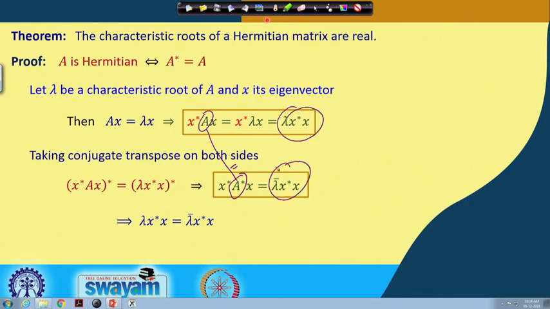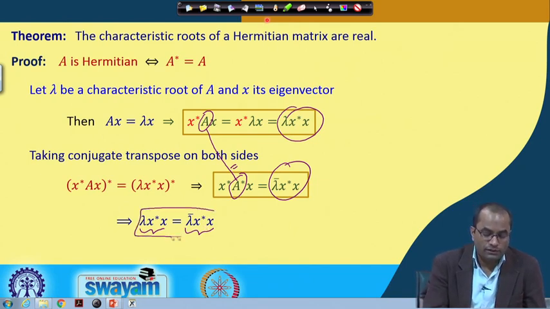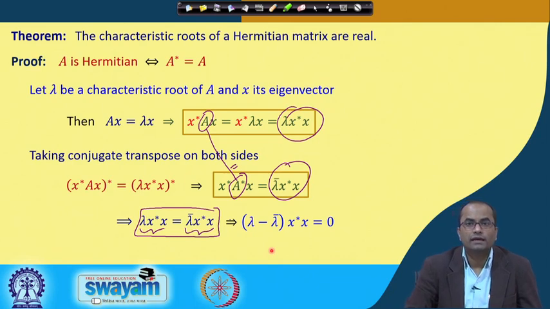Now we bring everything to the left hand side: lambda minus lambda bar times x star x is equal to 0, and x is the eigenvector, so x star x cannot be 0.